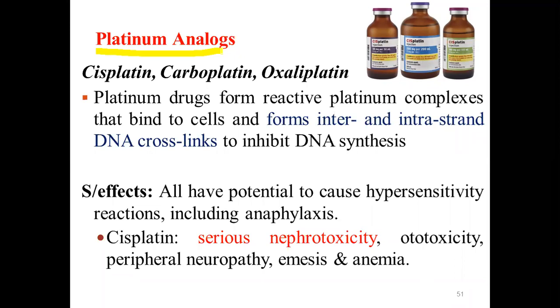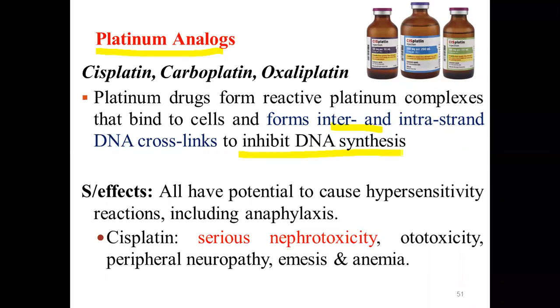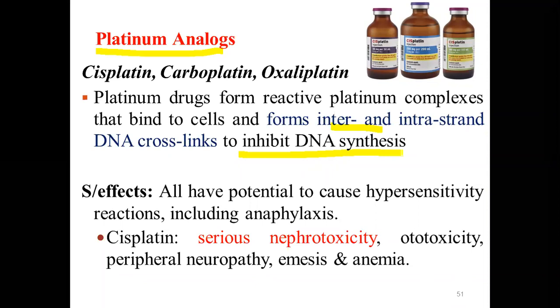In terms of mechanism of action, they cause inter- and intrastrand DNA cross-links like alkylating agents. By doing this, they inhibit DNA synthesis in the cancer cell. This is the principal mode of action of platinum analogs.